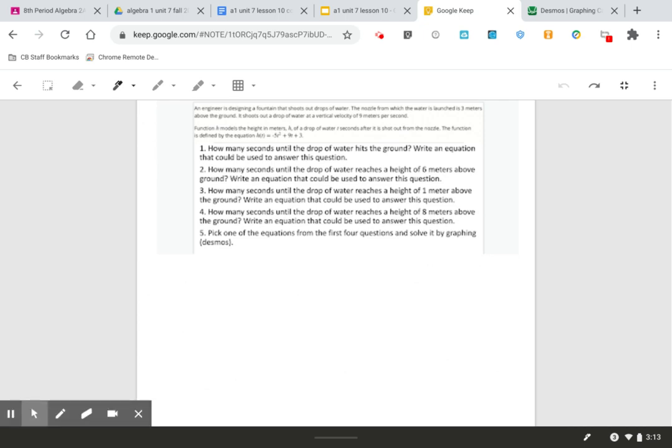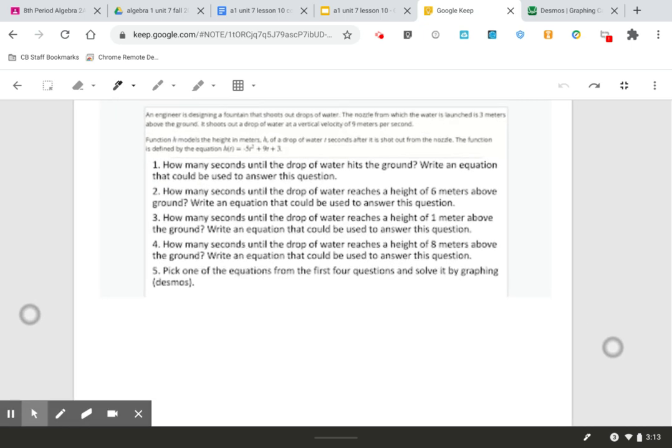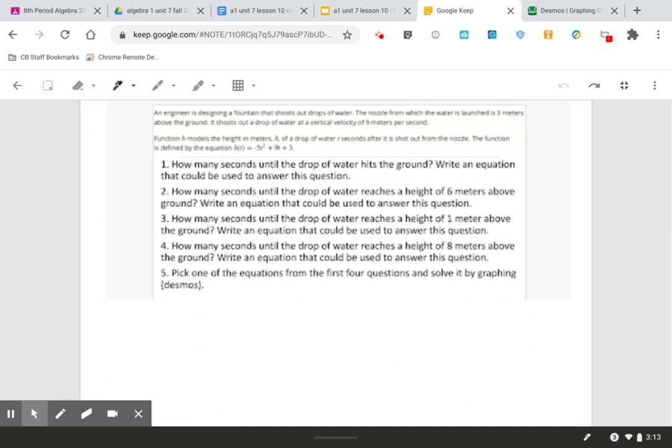So an engineer is designing a fountain that shoots out drops of water. The nozzle from which the water is launched is 3 meters above the ground. It shoots out a drop of water at a vertical velocity of 9 meters per second. Function h models the height in meters of a drop of water t seconds after it is shot from the nozzle.